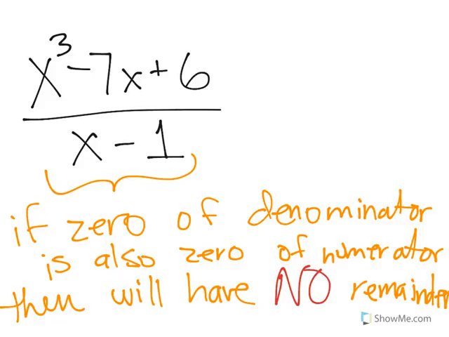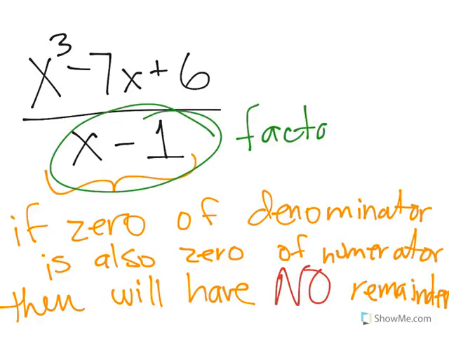And when the 0 of the denominator is also the 0 of the numerator, this means that the denominator is a factor of the numerator. So you could also say it, if the denominator is a factor of the numerator, then you will be left with no remainder. To know that, let's find the 0 of x minus 1.